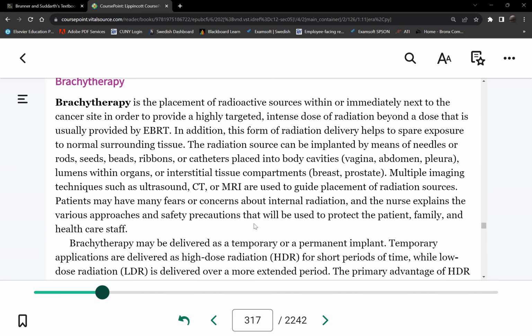So we will observe time. Okay, how long do we expose ourselves to the patient? Second is distance.